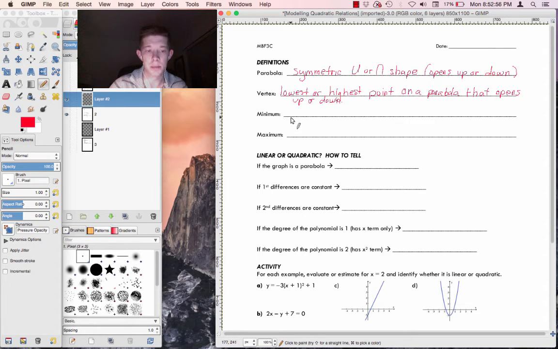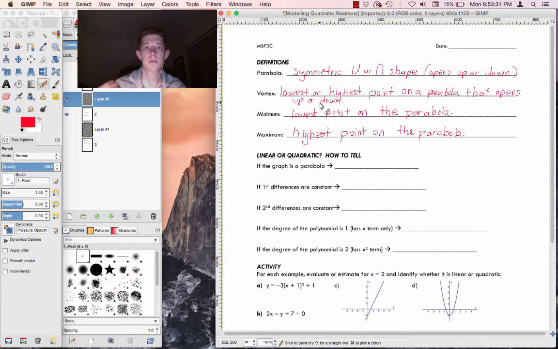Okay, so the minimum is the lowest point on our parabola. Whereas the maximum, just like in its name, will be the highest point on the parabola.